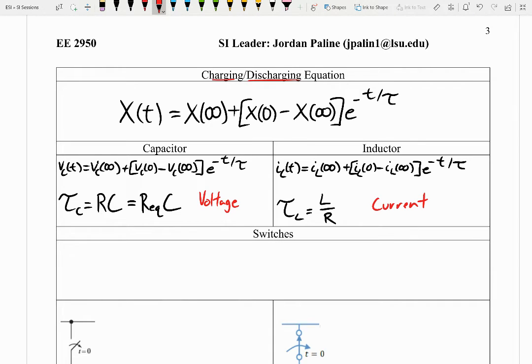That's what we said earlier, relating back to their functions: voltage in the capacitor is stored, and current is resisted in the inductor.